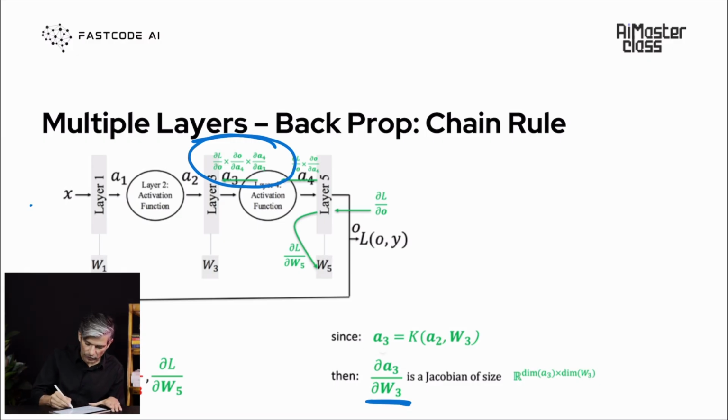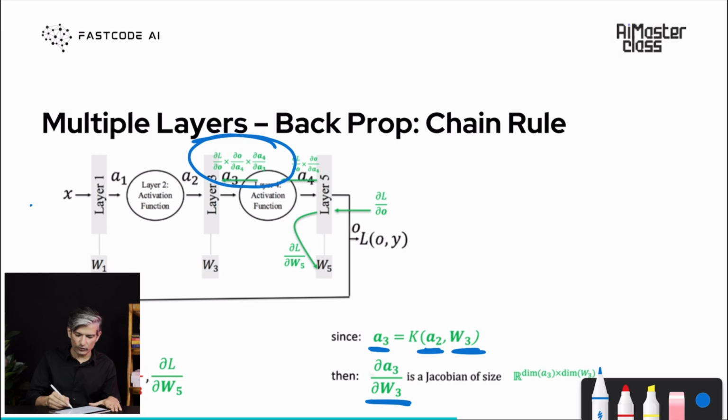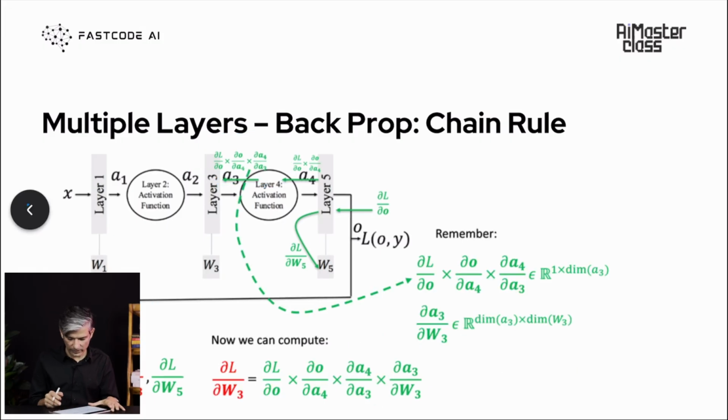The output of this layer is A3, the input is A2 and the weights are W3, and because the output is a function of W3, we can find the partial derivative of A3 with respect to W3, which is again a Jacobian, because it's a vector by a vector.